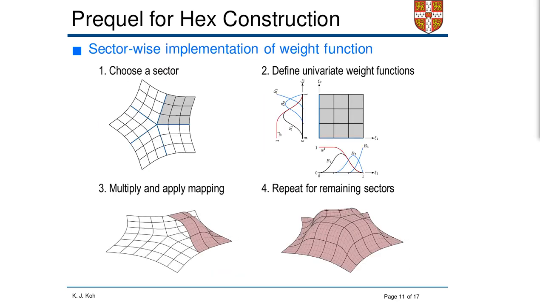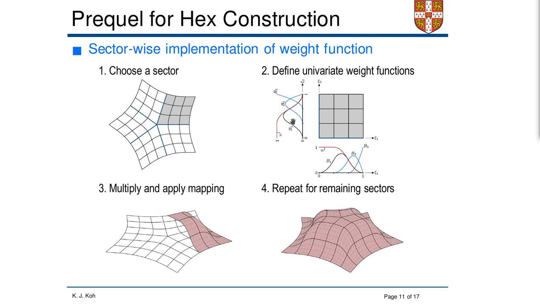Next, we apply the same idea onto hex meshes. But before that, since hex meshes can have challenging topologies, how can we easily define the wave functions? To answer this question, we propose a technique known as sector-wise implementation. The idea is that we can choose a sector and define some univariate wave functions, as highlighted in the red color here in the parameter space.